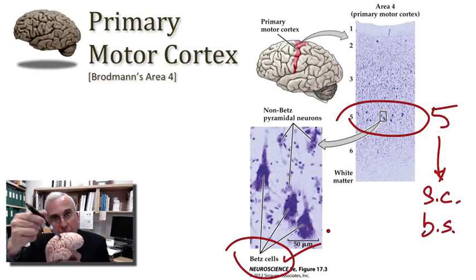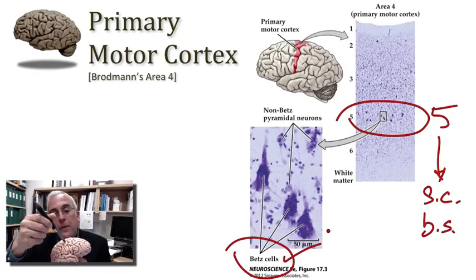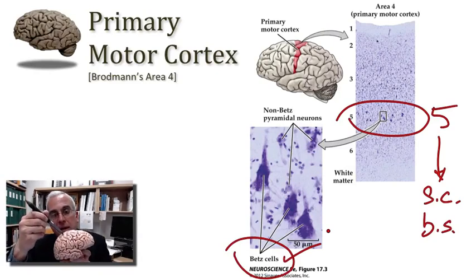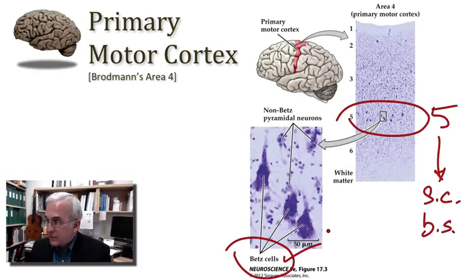And the thresholds for stimulation that produced movement got lower and lower as the microelectrode was advanced towards the central sulcus. And the cortex in the anterior bank of the central sulcus was found to have the lowest threshold for producing a movement when stimulated with an electrical current. So this region was defined as being primary for that reason.